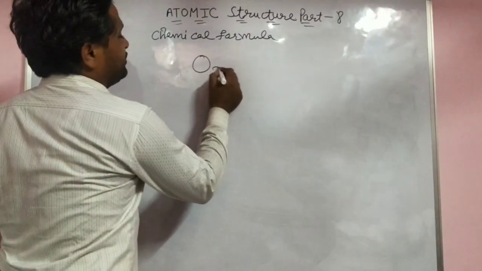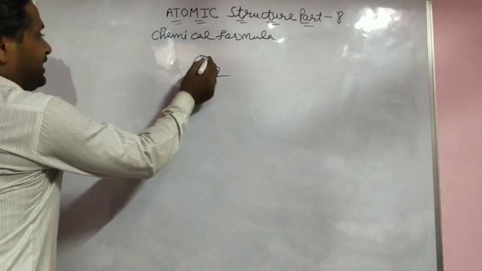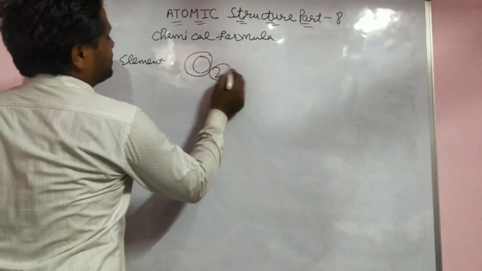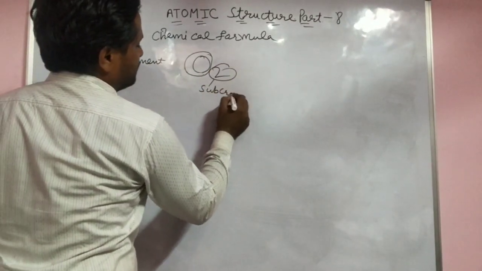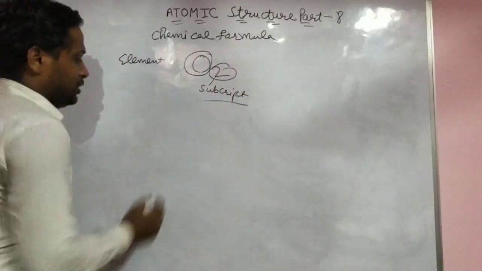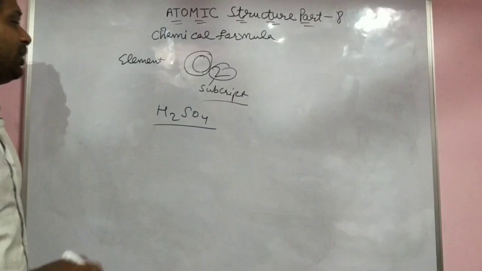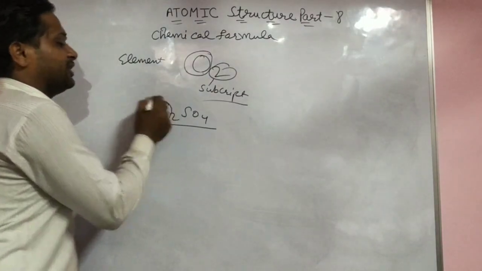For example, oxygen gas O2. Here the element symbol always comes first, and the subscript below tells how many atoms there are. For example, H2SO4. The chemical formula tells us about the significance of the chemical formula.